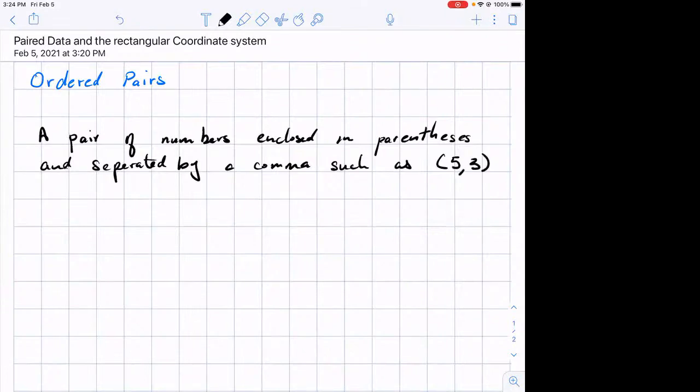This is called an ordered pair of numbers.